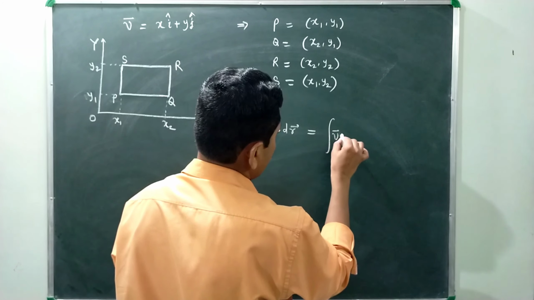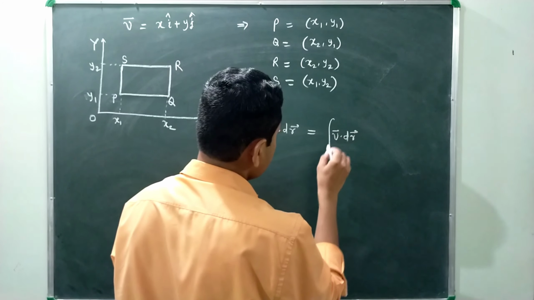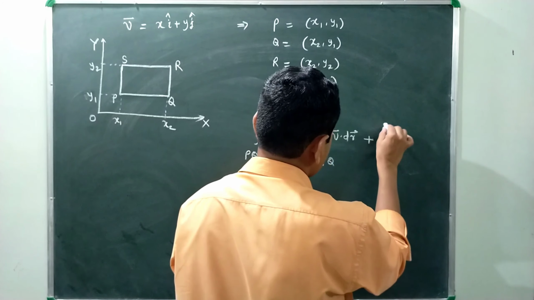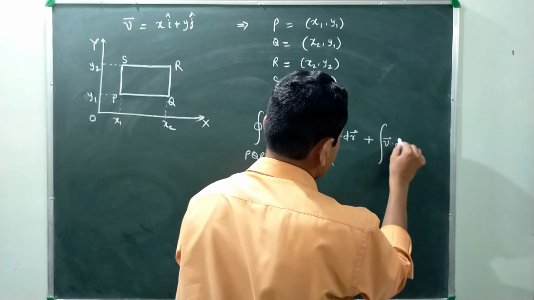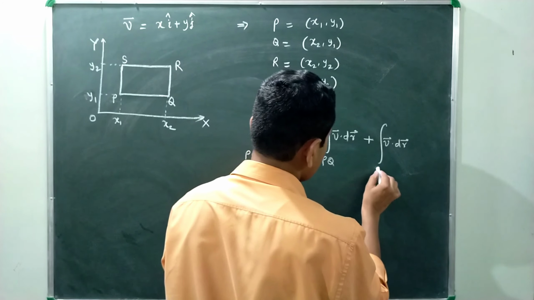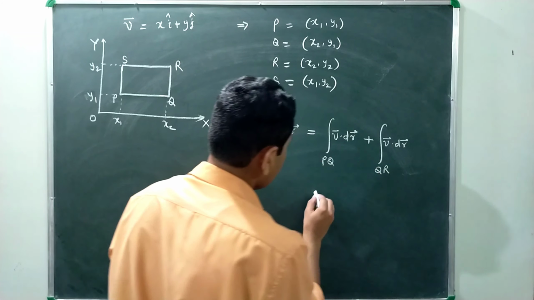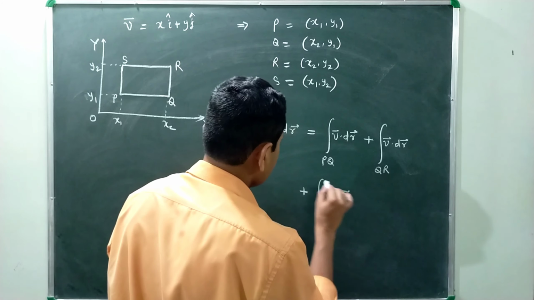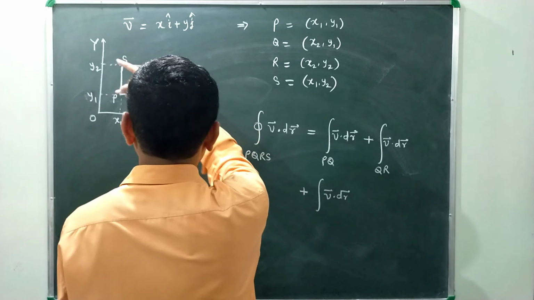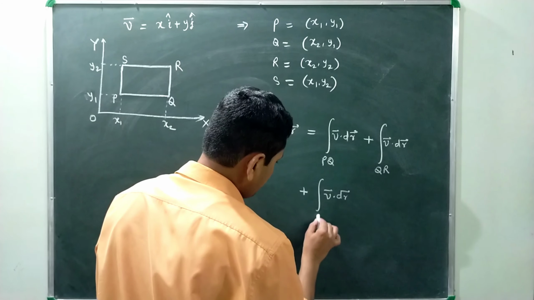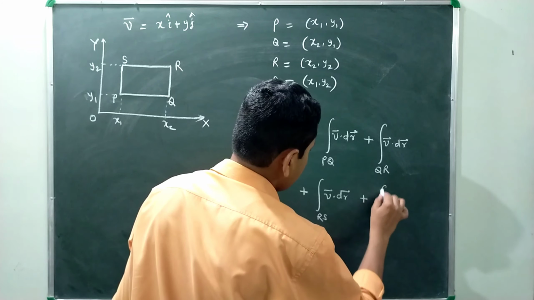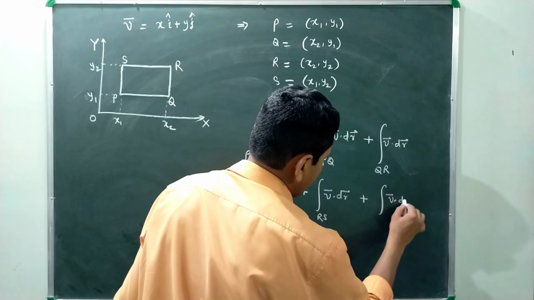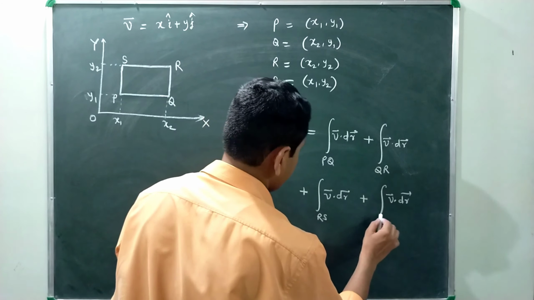This means V dot dr along PQ plus V dot dr along QR, then V dot dr along RS, and then V dot dr along SP.